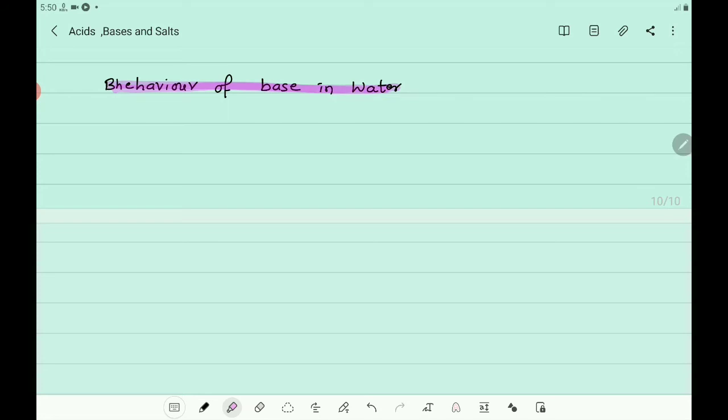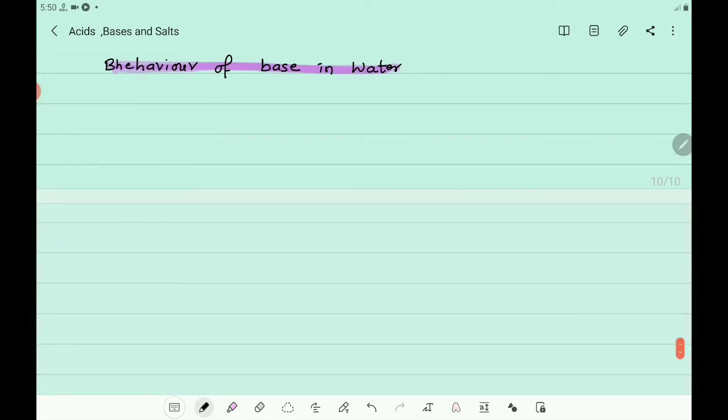Now about the behavior of bases in water. So you take sodium hydroxide, which is a base. What happens when base dissolves in water?